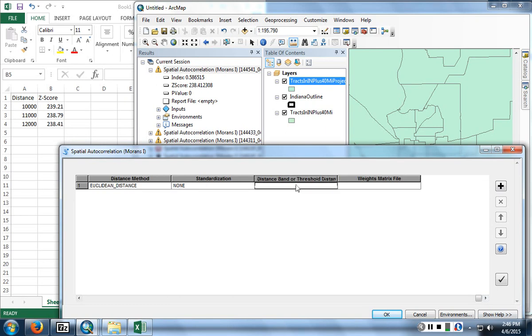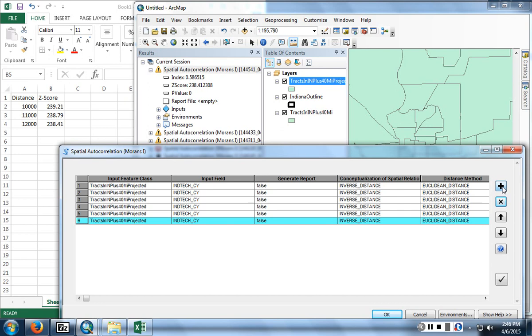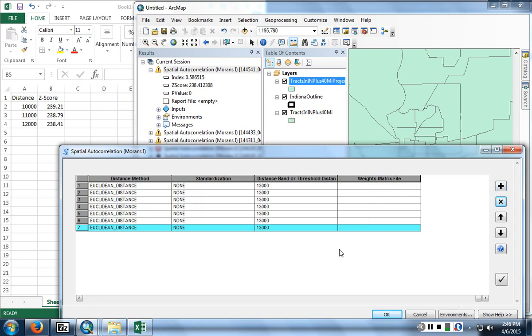I can have my distance band be 13,000. And then I filled it out once. I can just say, all right, make me another one, make me another one. So there's 7. It'll get me to my 10. And I just have to go in and change this to 14,000, 15,000, 16,000, 17,000.